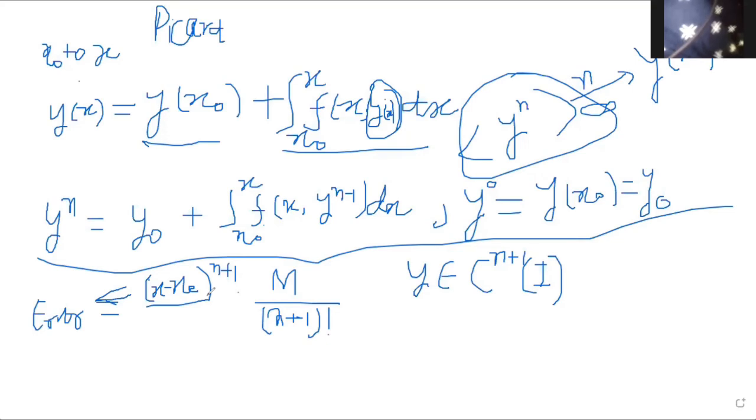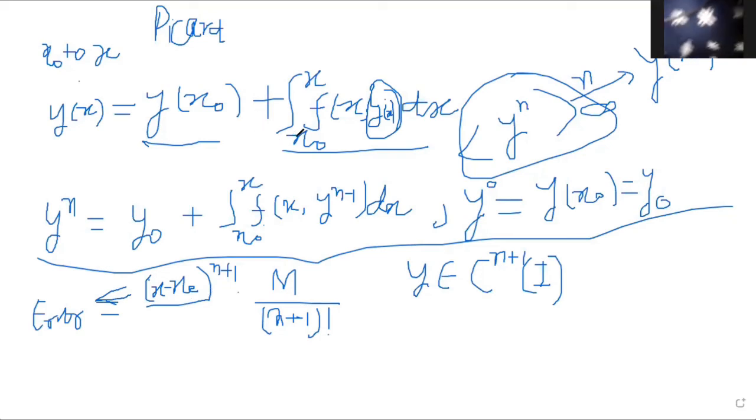As x minus x naught keeps increasing, the error keeps increasing. What does it mean? It means that if we simulate any of our problem for a longer time, our result is going to be worse and worse.